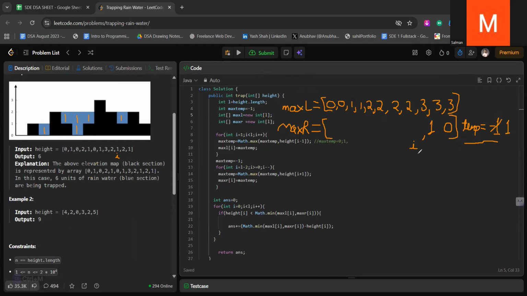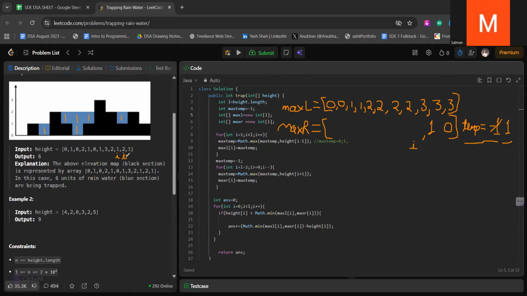Then again, I am updating this max temp with the maximum of temp and I+1.